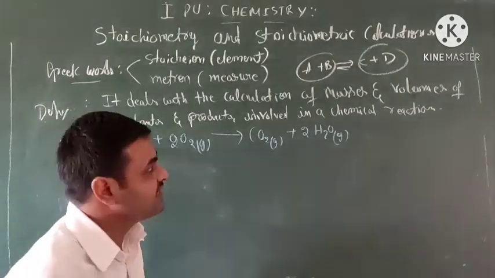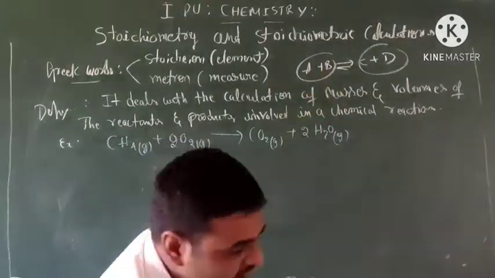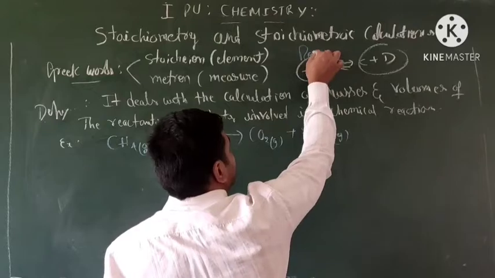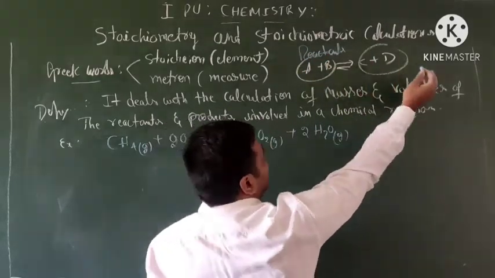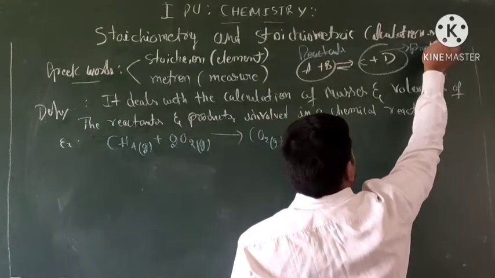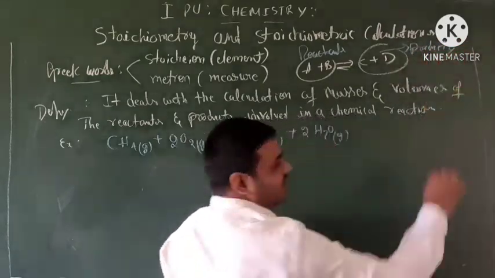These are called reactants, and what we get are called products.